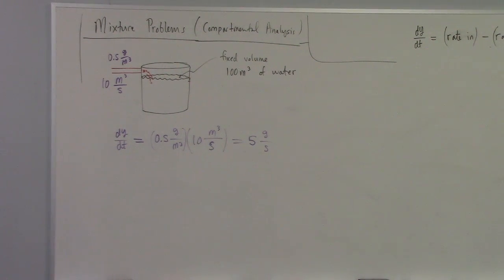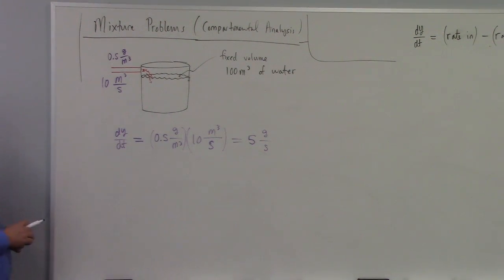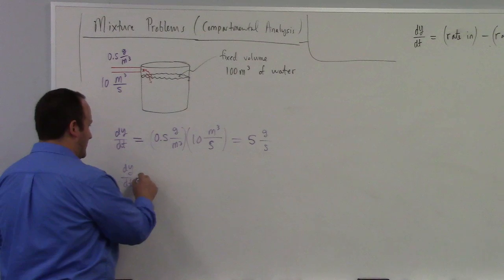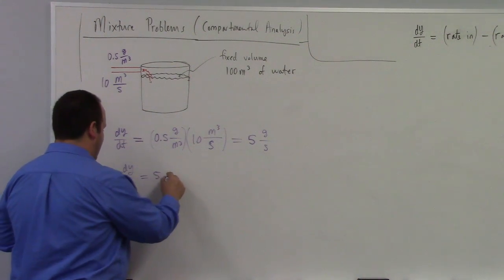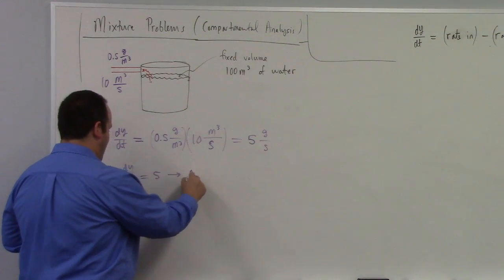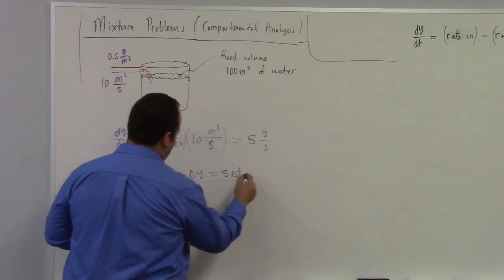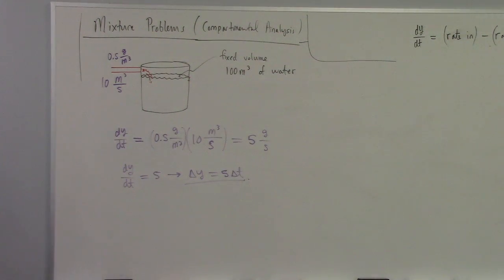You wouldn't really need differential equations to solve it now. That is true, I think this one you could just kind of write. Fair enough, Luke, I guess I can do the calculus here without breaking a sweat. The change in y is equal to 5 times the change in t, right? So that's kind of how that goes.